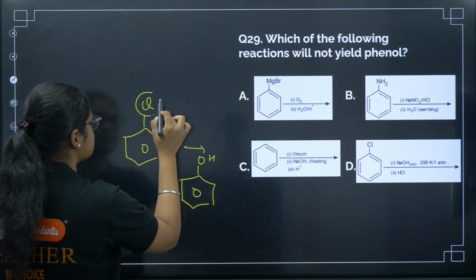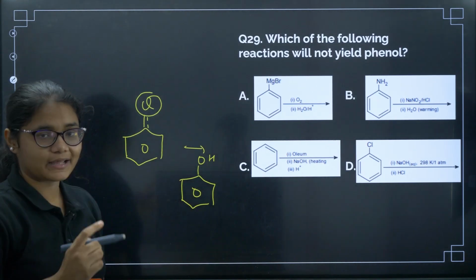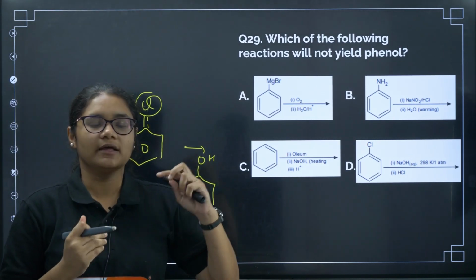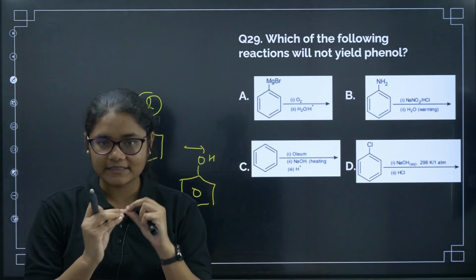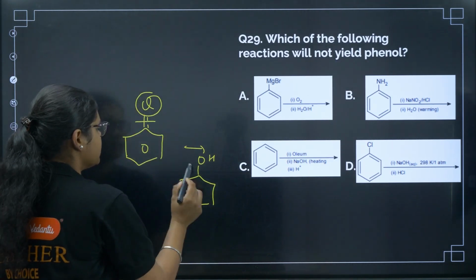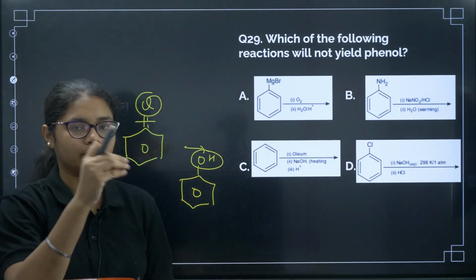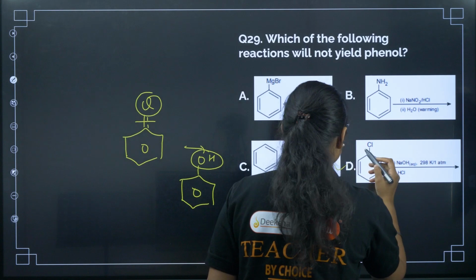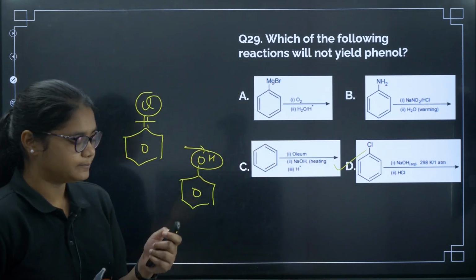Why? Because this has a partial double bond character, and we know this is an sp2 carbon, so due to the partial double bond character, the C-Cl bond is stronger than a single bond, so this bond will not break. So we cannot have a simple nucleophilic substitution reaction in this case. So the correct answer for this question will be option number D.